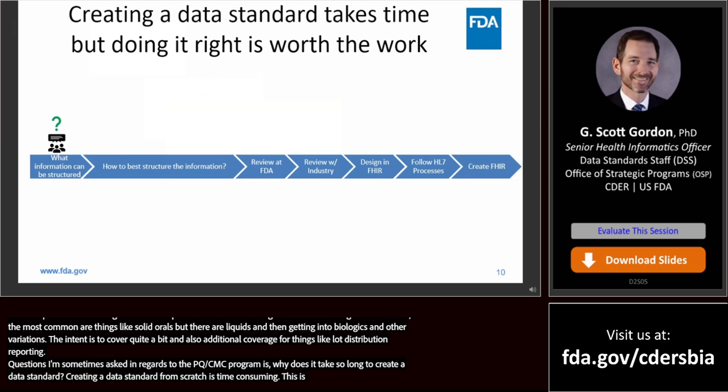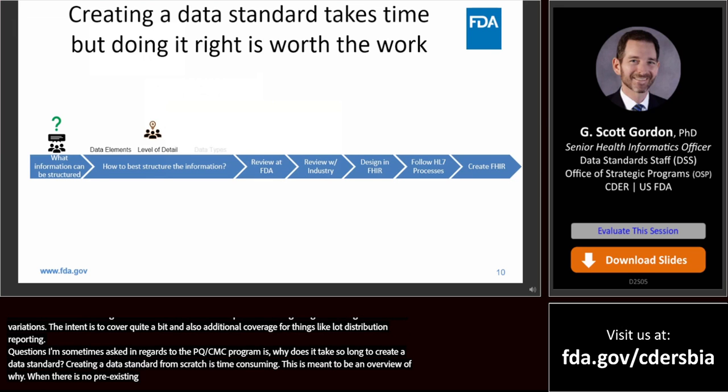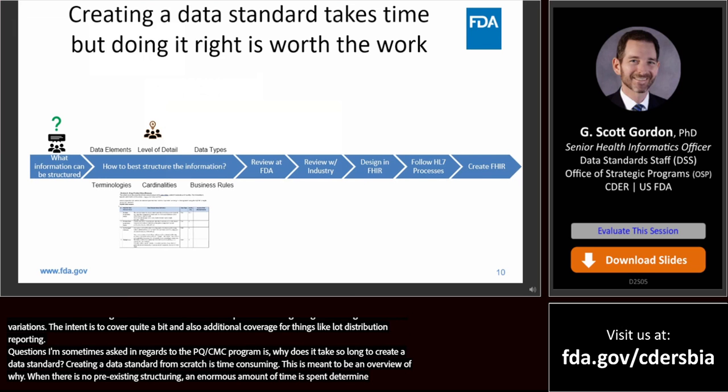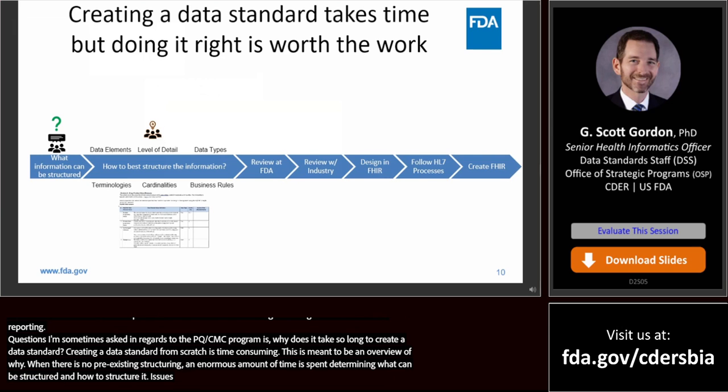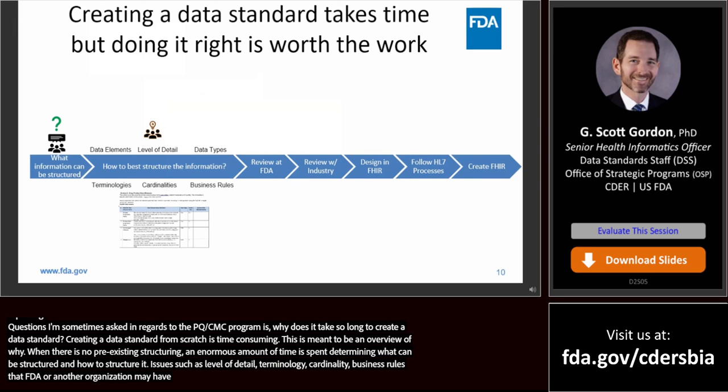When there is no pre-existing structuring, an enormous amount of time is spent on determining what can be structured and how to structure it. Issues such as the level of detail, number of data elements, terminologies that may need to be used, relative cardinalities of different elements, any business rules that FDA or another organization may have, all have to come into play for hundreds and hundreds of bits of information.